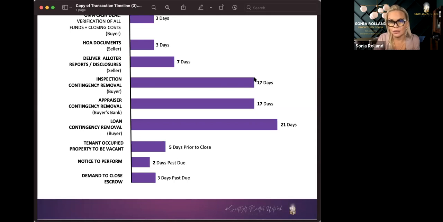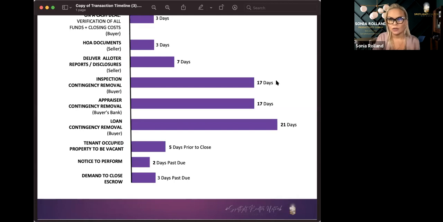And legally, if they wanted to actually back out of escrow, then you have 2 days that we have to wait until we can send a past due notice, basically a notice to perform. So what would happen on day 18 is you're going to say, hey, are you sending me the inspection contingency removal? And then they don't respond.